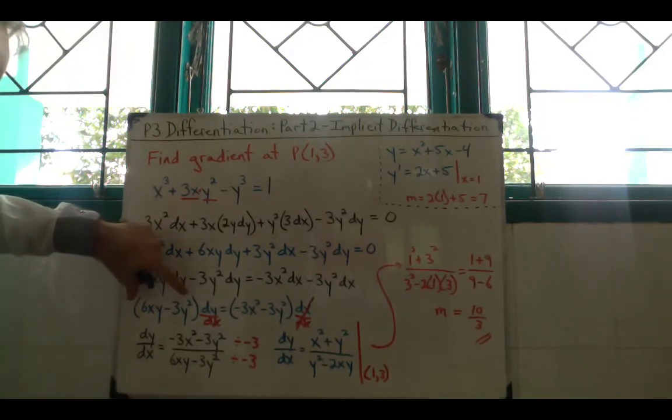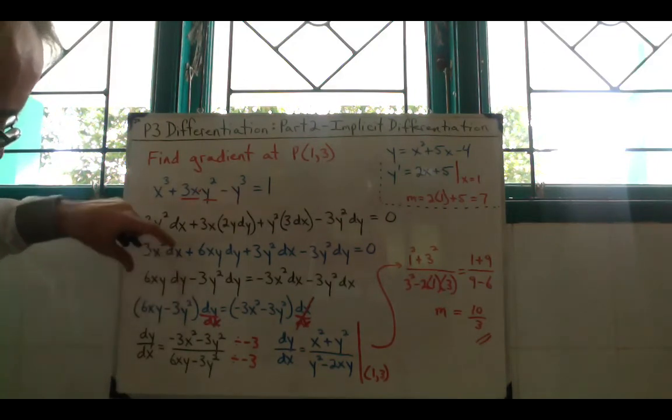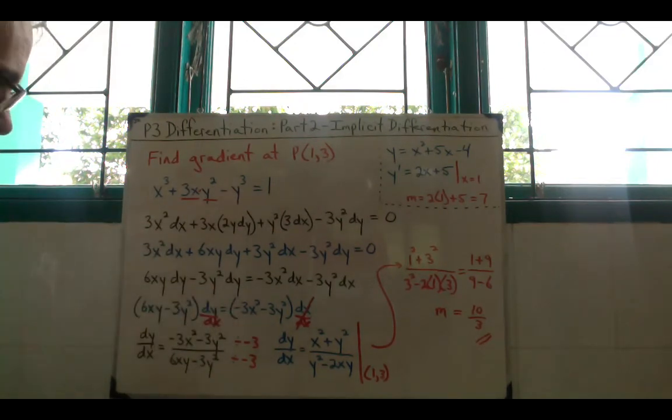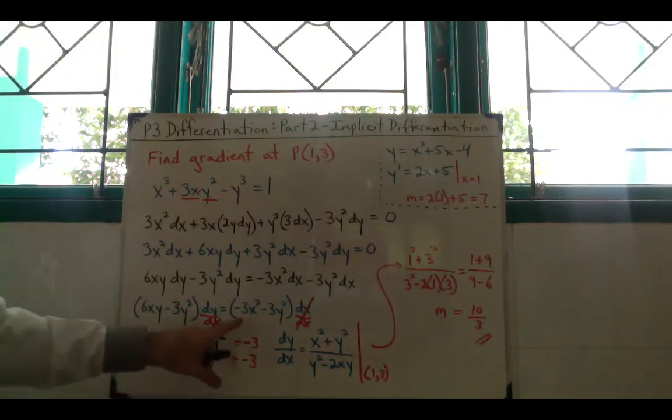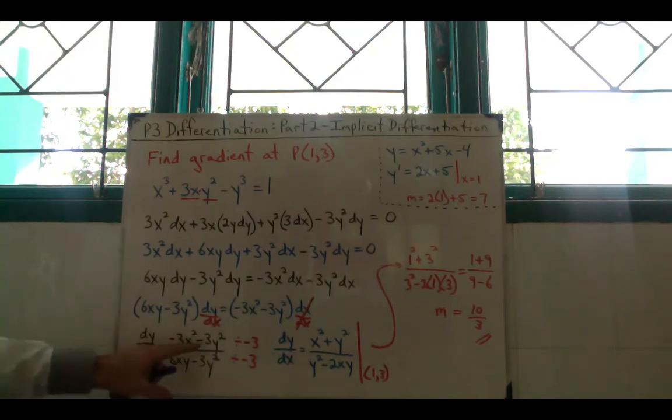We divide by this expression here, the 6xy minus 3y squared, to the other side. And so what we end up with is negative 3x squared minus 3y squared on top, divided by 6xy minus 3y squared on the bottom.